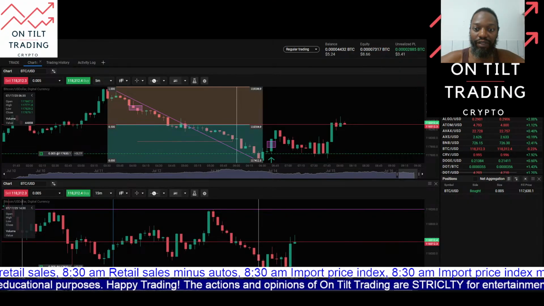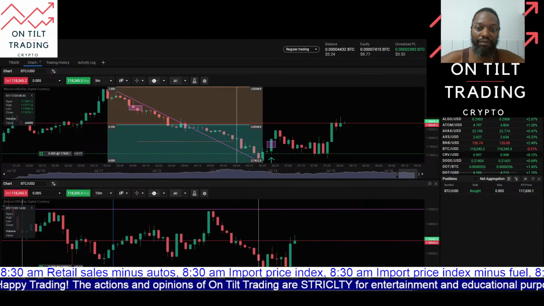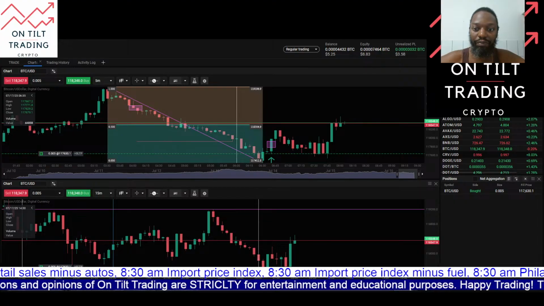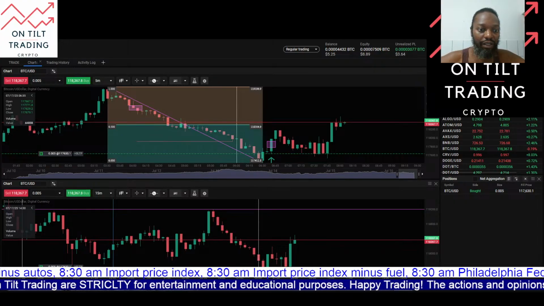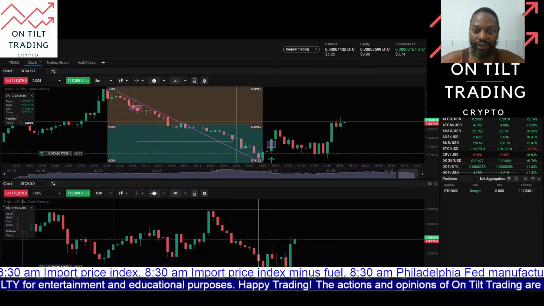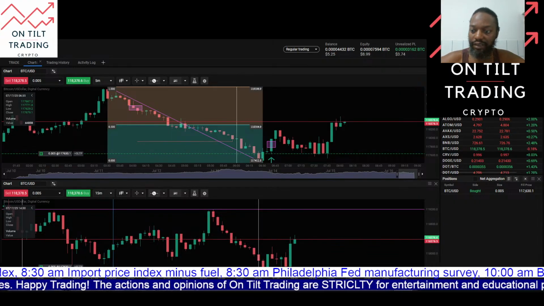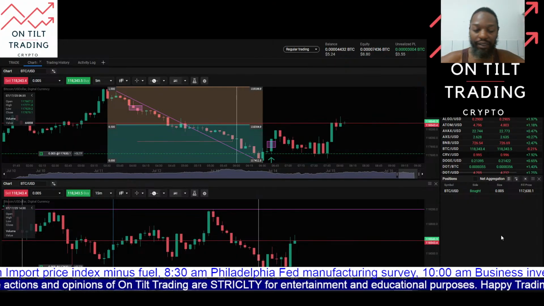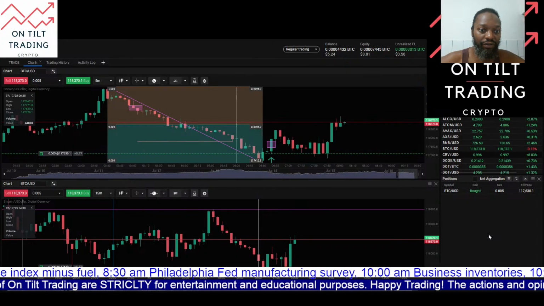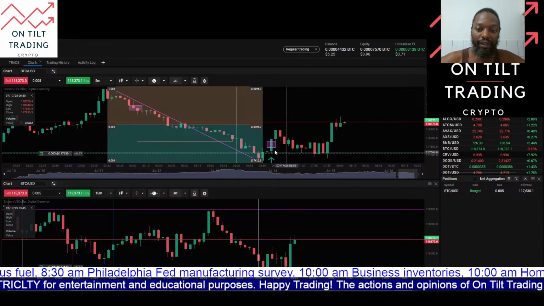So this fair value gap may be tested before any potential leg up, or price could just sell off and be delivered to the sell side on me here. But what I'm trying to do for consistency purposes is trade fair value gap to fair value gap, if at all possible.